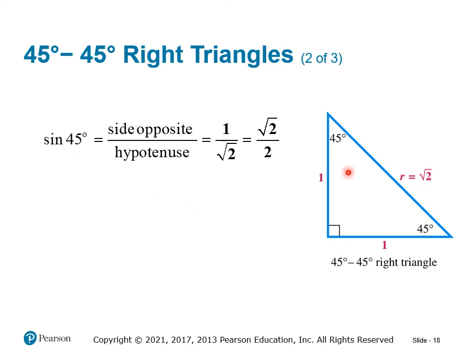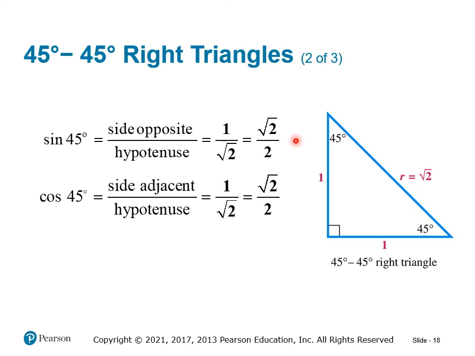So the sine of 45 is opposite over hypotenuse. Here we've rationalized it. The cosine of 45 is adjacent over hypotenuse. Notice that these are the same measures because these are the same angle, but they're also complementary.